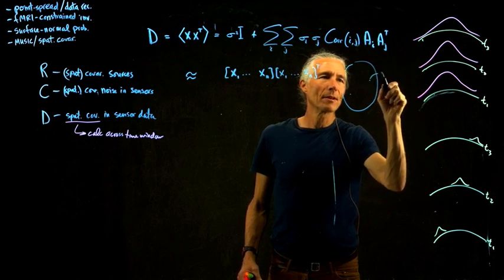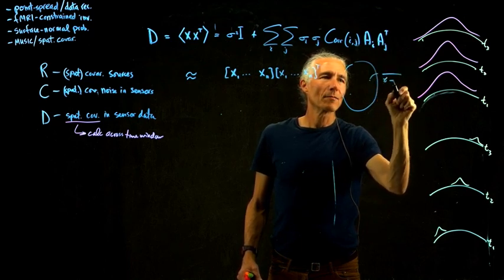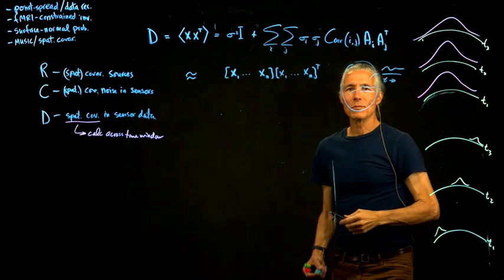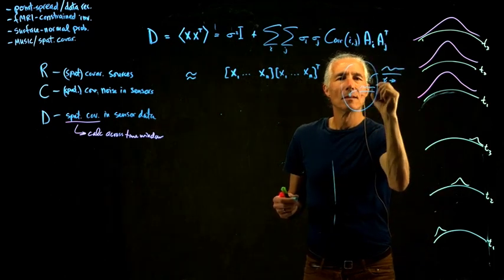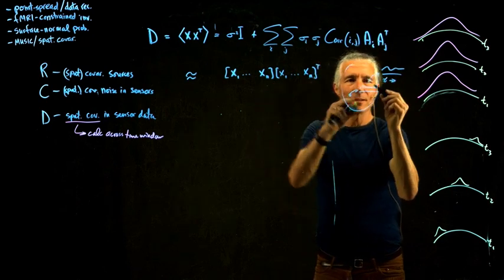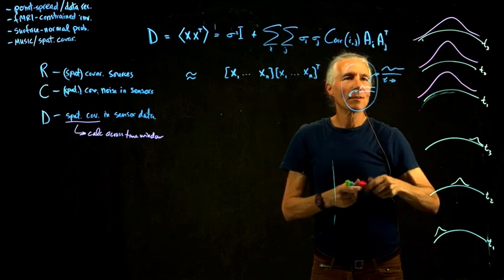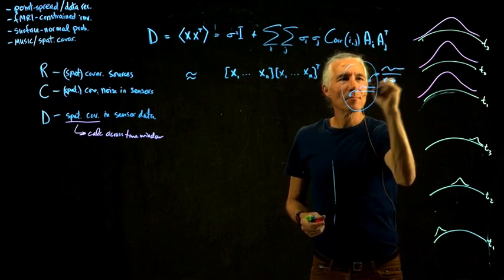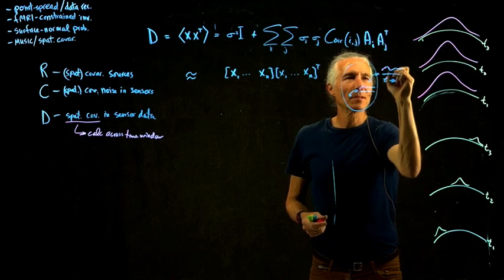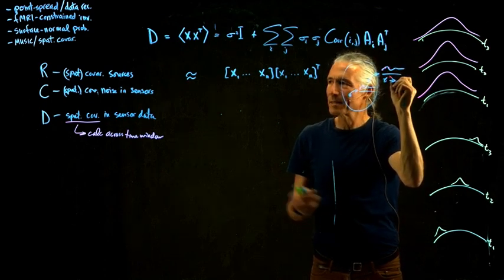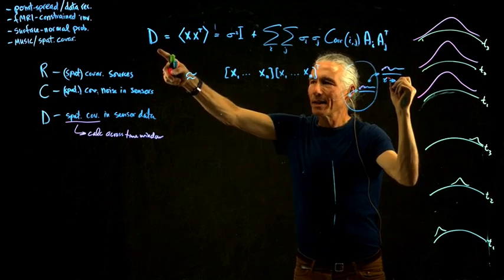At this point, you've got some data over time. And at this point, you've got some data over time. So what do you do to calculate this? Basically, you take the first time point and multiply that by the other, then the second time point, the third time point, add the whole mess up, divide by the number of time points, and then you get one entry in the matrix.